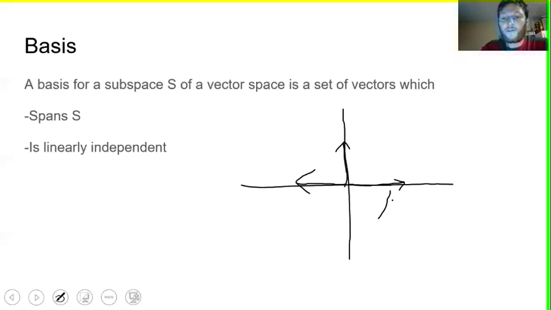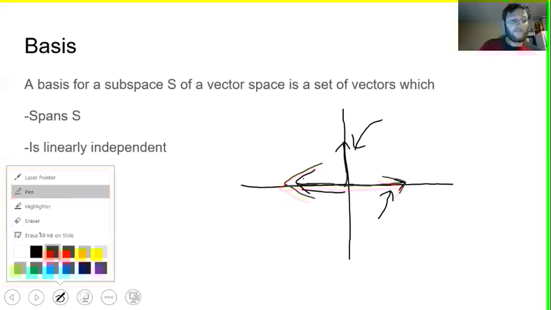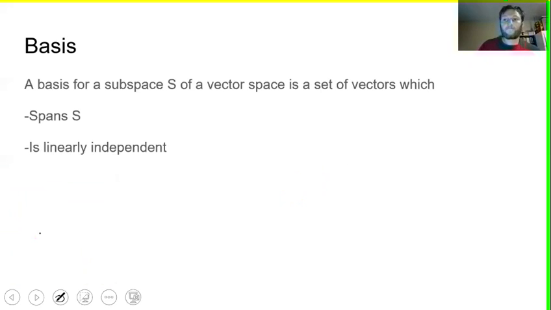We could put this one and this one in the basis, but at that point we can already express this one as -1 times this red one here. So we don't need it in the basis, because these would not be linearly independent. So a basis is the minimal set of vectors that can be used to write every vector in the subspace.